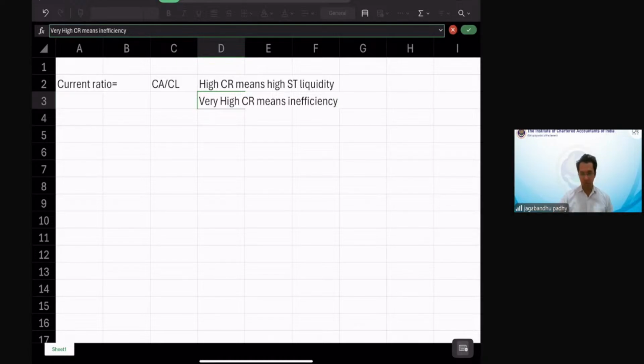Very high current ratio means inefficiency.